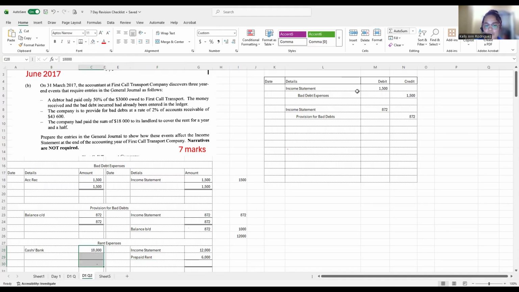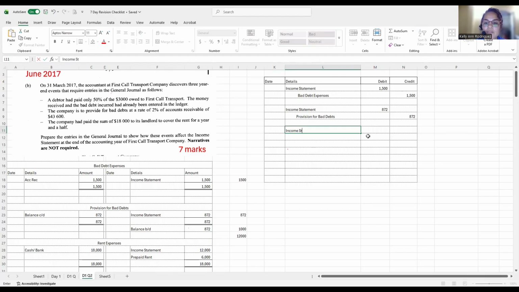Now, this is not required for you in the exam. I am just putting this part. What you're supposed to focus on is what happens to your income statement. That is what the examiner is telling you. But I did this so that you will see what is going on. So what happened to the income statement? Once again, your rent account is credited. So therefore, your income statement will be debited.